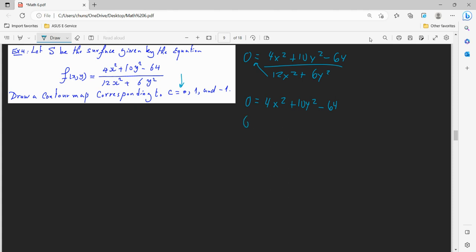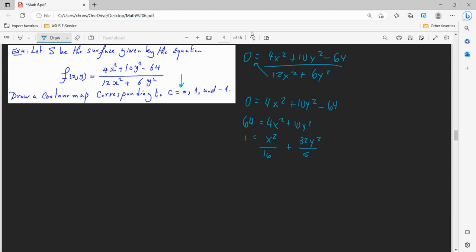Let's move that 64 to the other side: 4x squared plus 10y squared equals 64. Let's divide by 64, so this is 1. And 4 over 64 is 1 over 16. So this is x squared over 16 plus y squared over 64 divided by 10, which is 32 over 5.